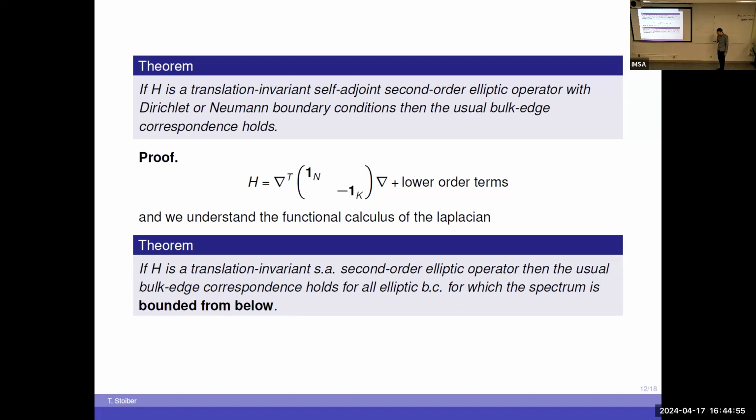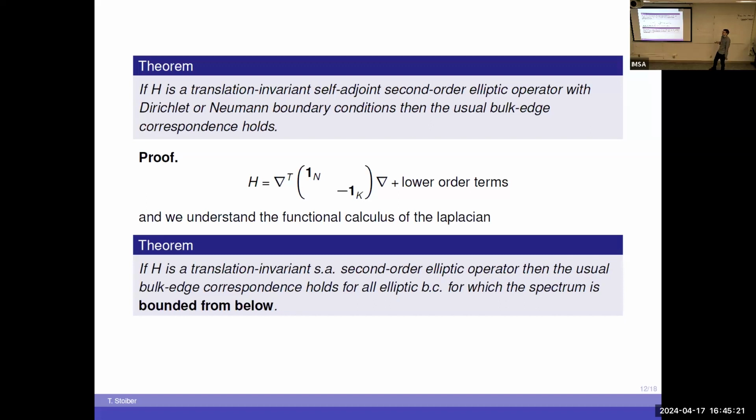This is maybe not so interesting, but what is also comforting is that in general, if we don't just use these special Dirichlet or Neumann boundary conditions, but use any boundary conditions for which we have this elliptic property and for which the spectrum is also bounded from below, then we can also show that bulk edge correspondence works.